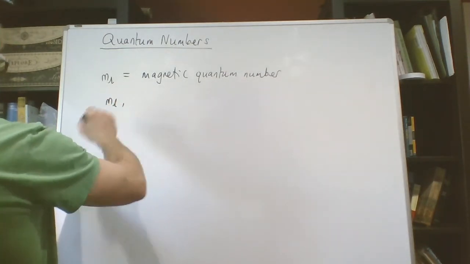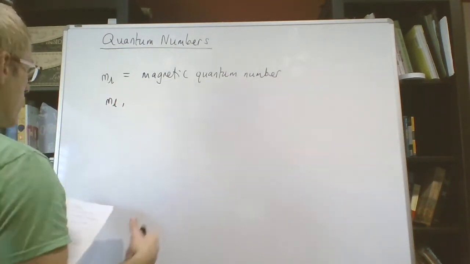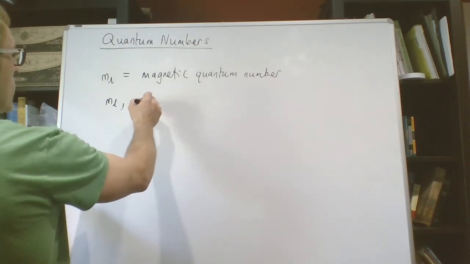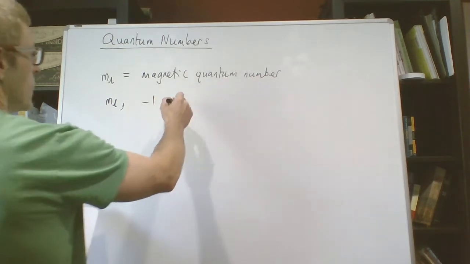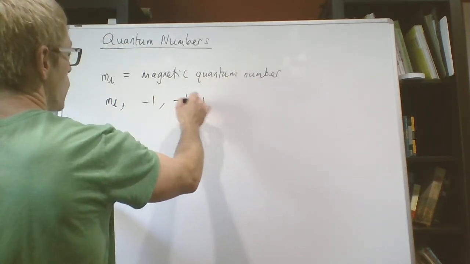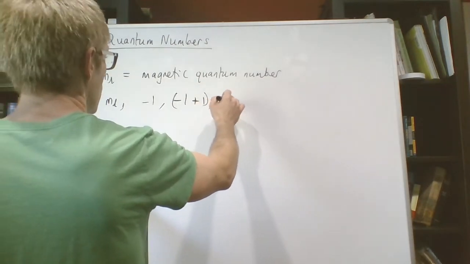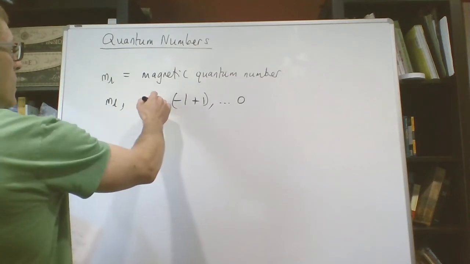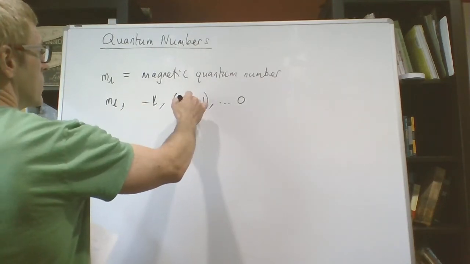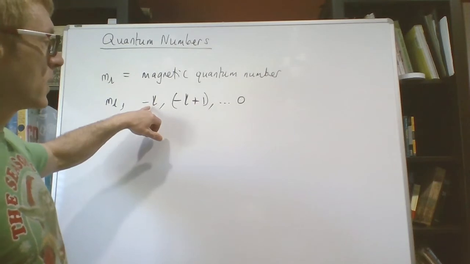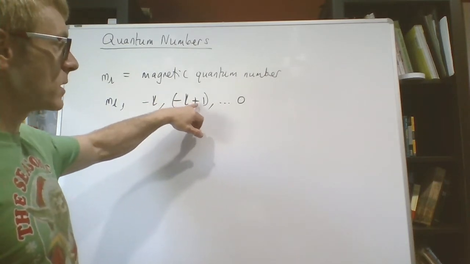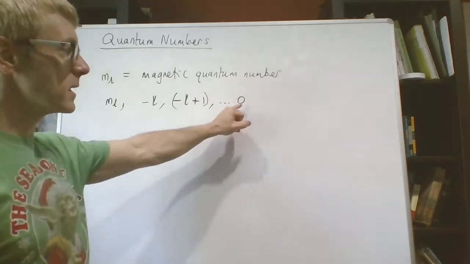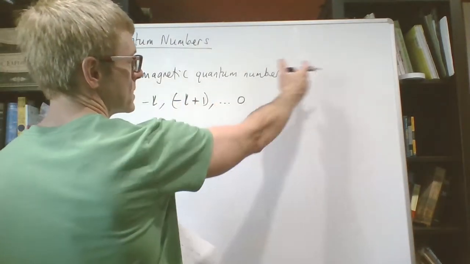ML can have values between plus and minus L, including 0 at the midpoint. So it can range from negative L, then we add 1, so negative L plus 1. You sequentially add 1 at a time till you hit 0, and then you keep going to make it symmetric the other side.